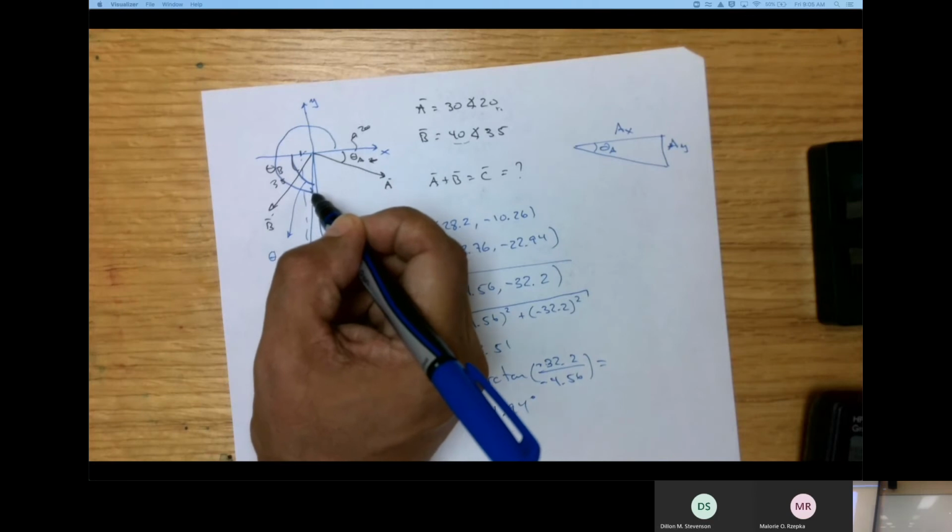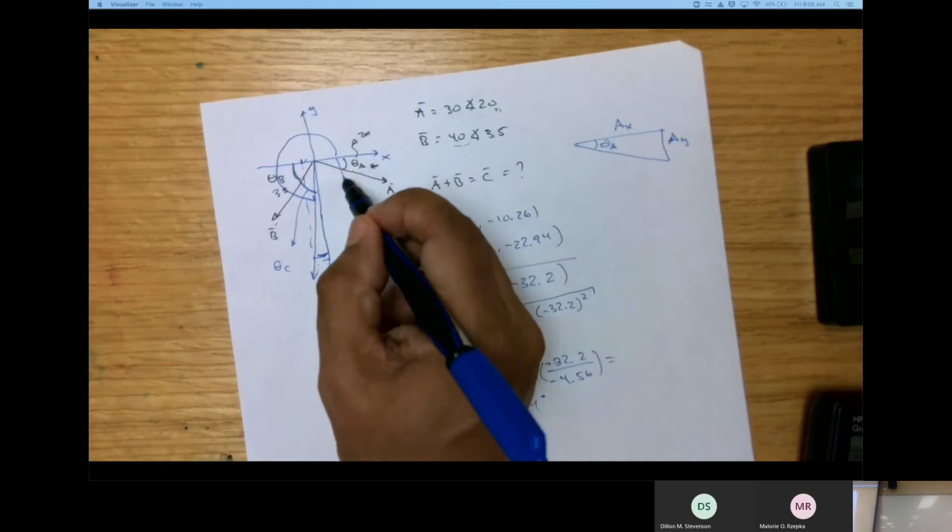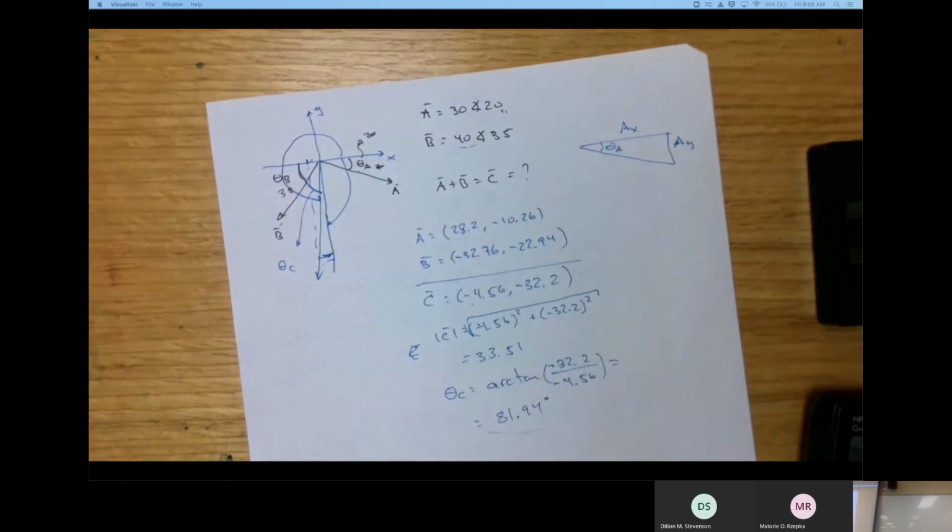So you can do it in different ways. You are free to use any configuration that you want. I usually tend to use the x-axis as reference, and that makes me a little bit consistent. And then I just try to express if the vector is in the first quadrant or the second quadrant, the third quadrant, and so on. Okay.